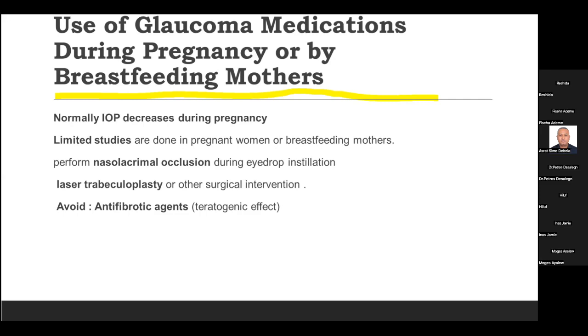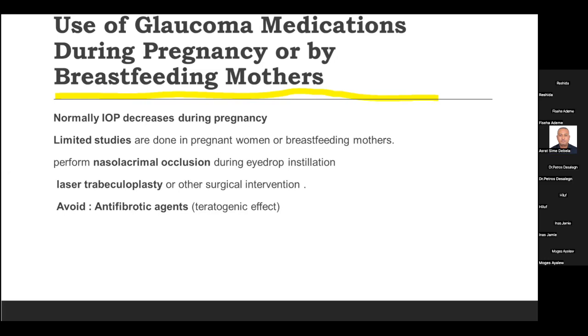Normally, IOP decreases during pregnancy. So there may be underlying glaucoma, and if the patient has some symptom, then only they will come for a checkup. And there are limited studies done in pregnant women or breastfeeding mothers.